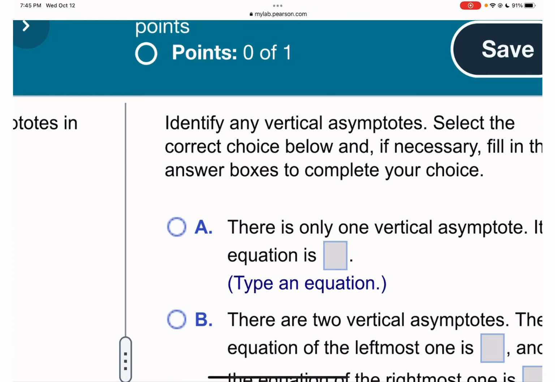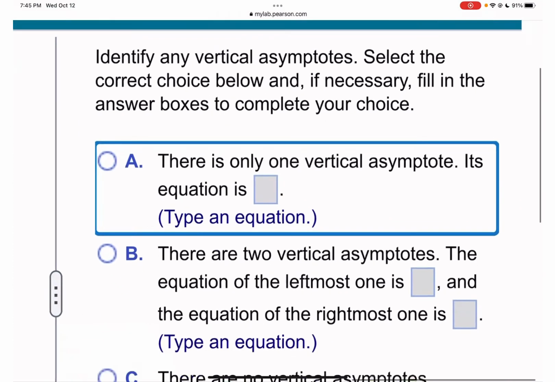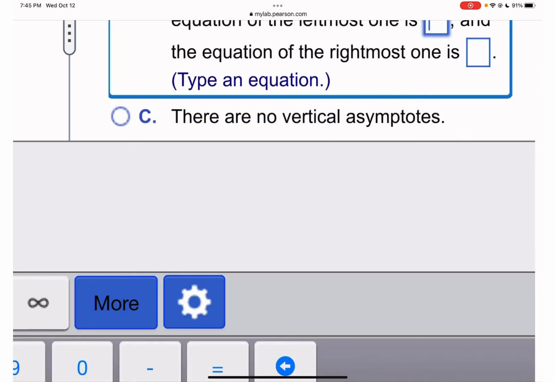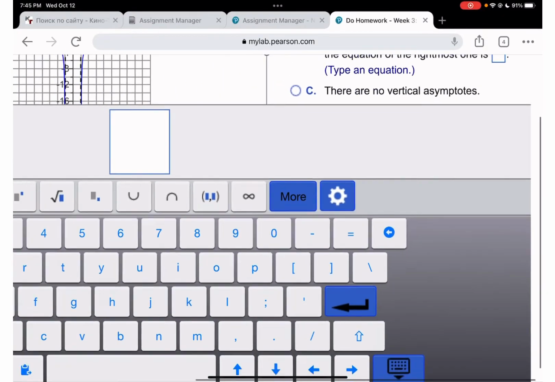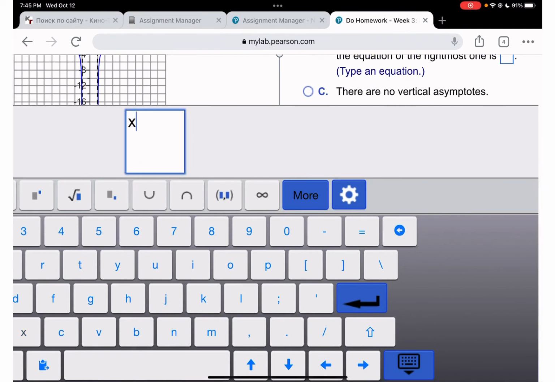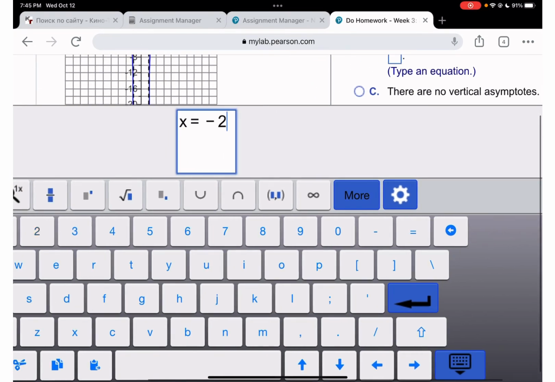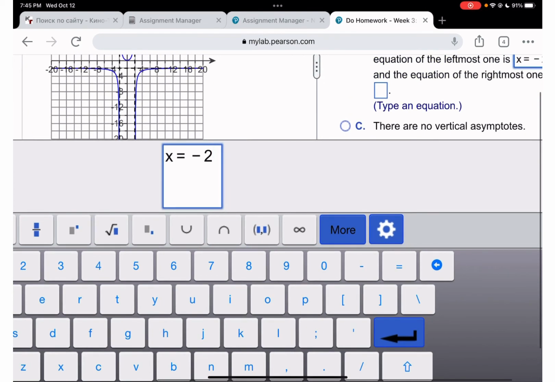So let's identify the vertical asymptotes. We have 2 vertical asymptotes, right? Negative 2 and positive 2. Okay, let's solve it. So x is equal to negative 2. And here it's going to be x is equal to positive 2.